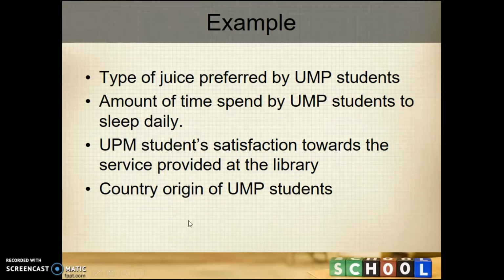Okay, examples of a qualitative variable. For example, the type of juice preferred by UMP students. Then the amount of time spent by UMP students to sleep daily. Even though we have an amount of time here, we can change it into a qualitative variable.